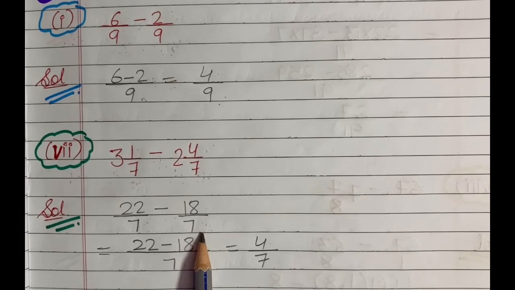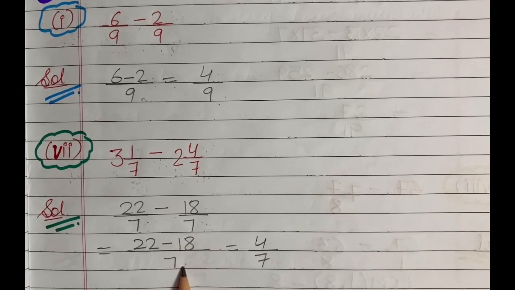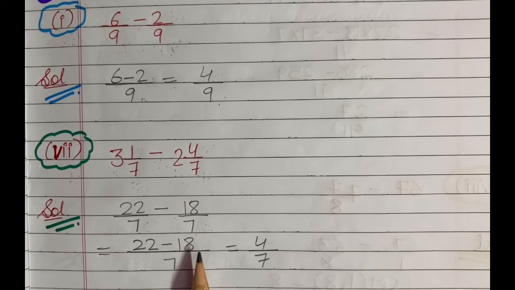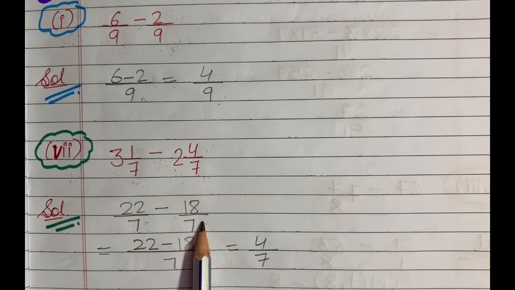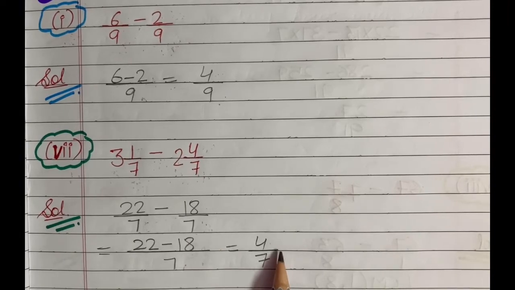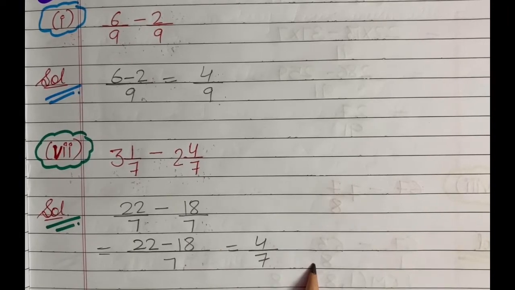Here the denominators are the same, so we will write down the denominator 7 as it is, and in the numerator we will simply subtract the numbers, that is 22 minus 18, and on doing so we will get 4 by 7 as an answer. Hopefully it is clear to you.